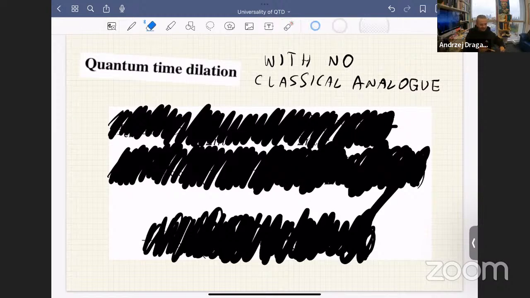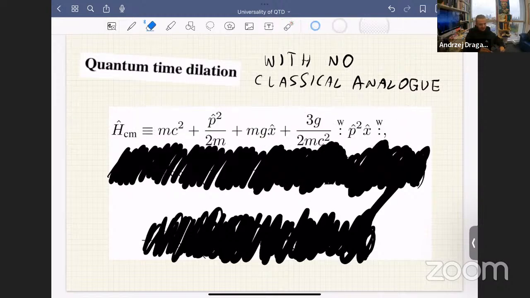And to study this, you have to take your Hamiltonian and expand it to get some more terms that will combine both momentum and position degrees of freedom. For example, for the center of mass degree of freedom, when you expand it, the first terms are kind of separate. This is momentum, this is position. This term combines both momentum and position. This is already interesting.